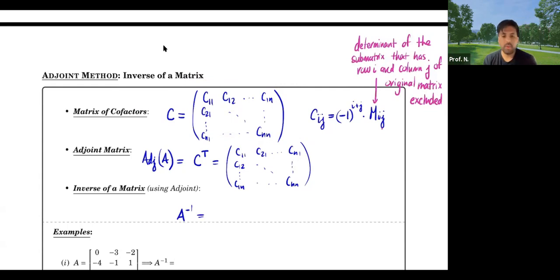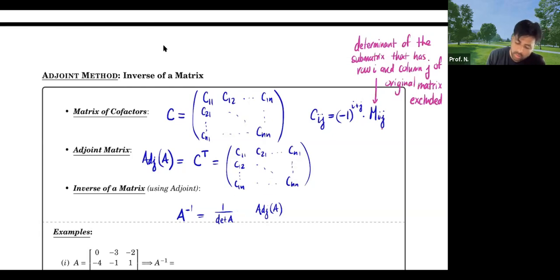It's actually 1 over the determinant of A multiplied by the adjoint of A. Pardon me, there's no A here.